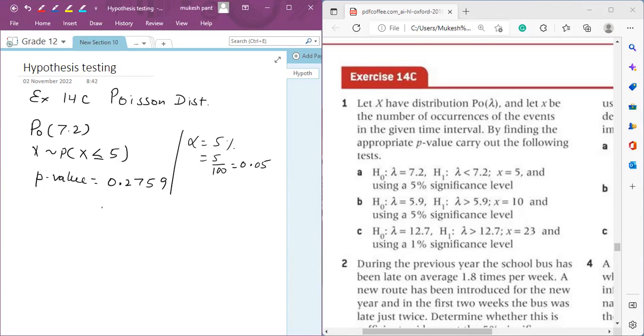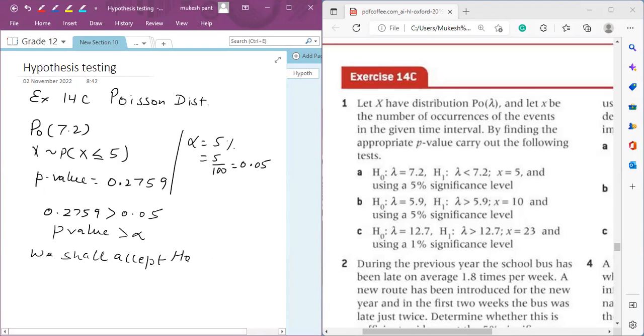As you can see, this p-value 0.2759 is greater than 0.05. It means the p-value is greater than alpha, the significance level, so we shall accept the null hypothesis. I think it will be clear for you.